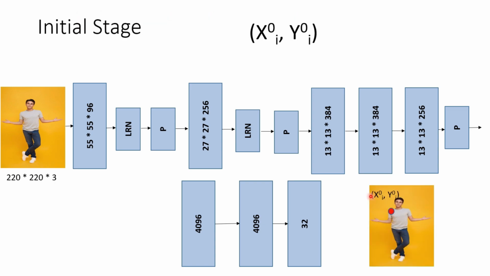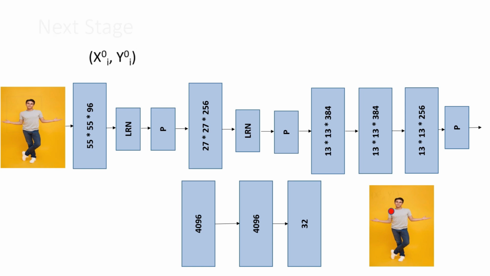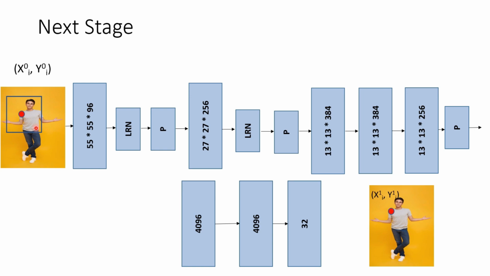The key implementation of this algorithm is that after the initial stage, when we have a rough estimate of joint locations, the network creates a patch around each predicted joint and feeds this patch back into the same network to refine the joint location.